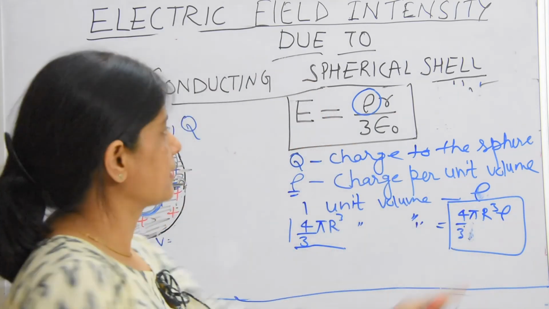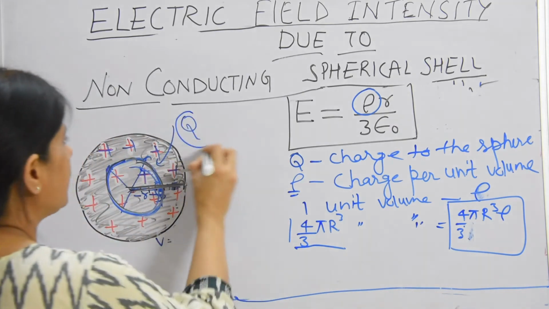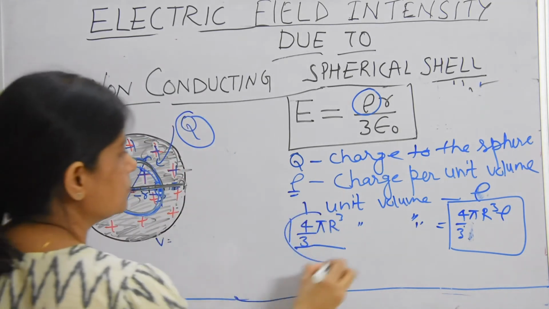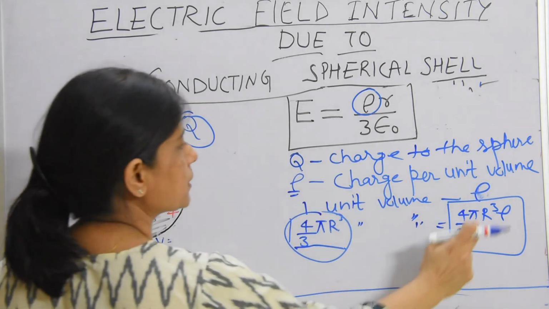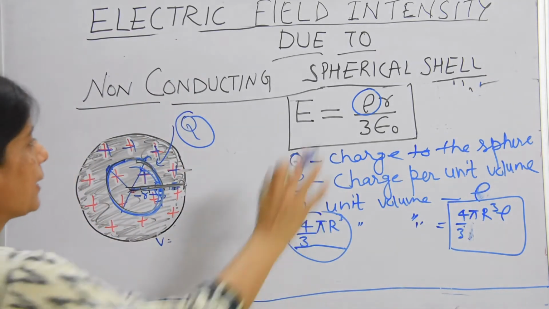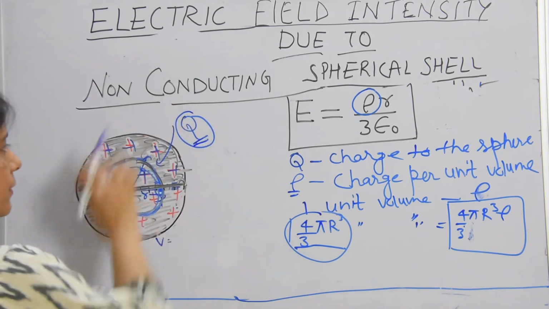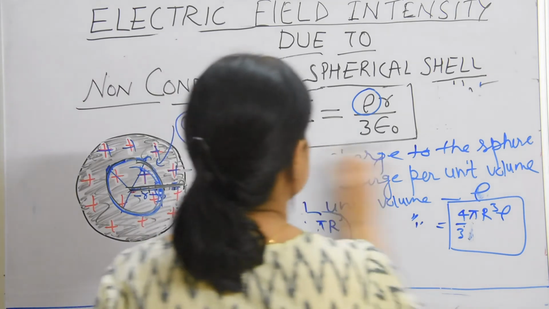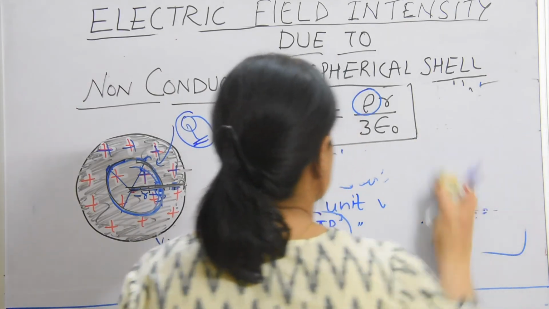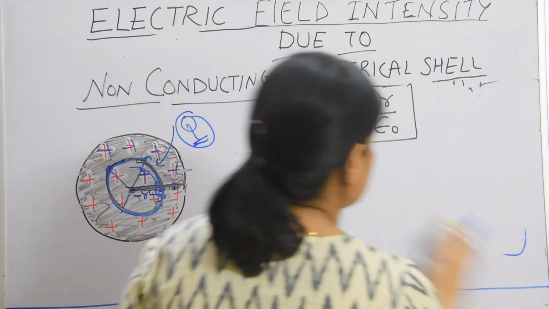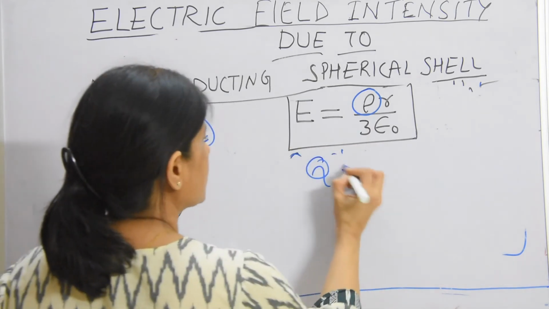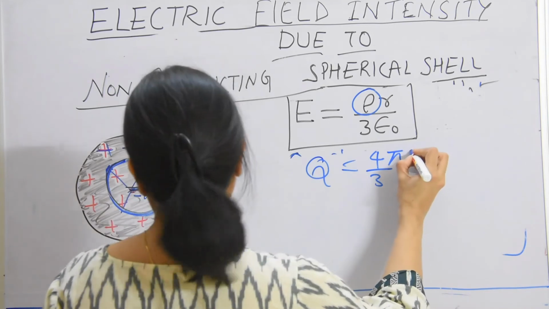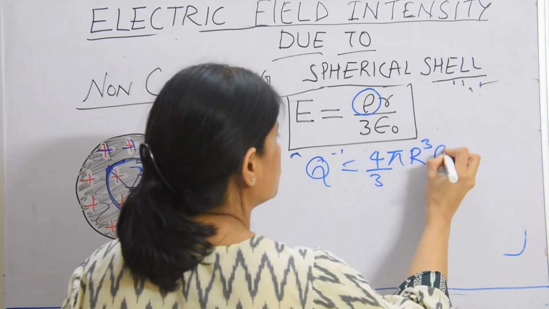But the total charge given is capital Q. We have calculated that in this volume, charge should be 4 upon 3 pi r cube into rho, and it is given that charge Q is given to this sphere or the shell. So we can write total charge given Q is 4 upon 3 pi r cube into rho.